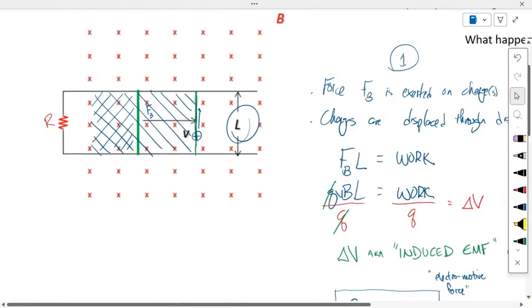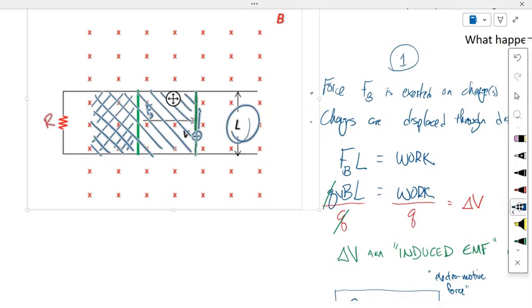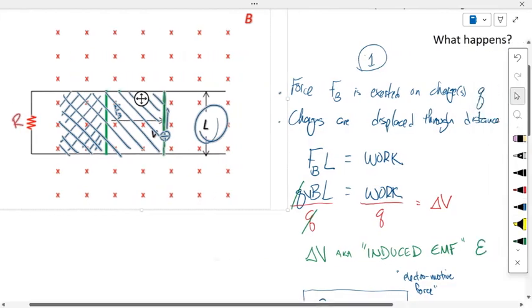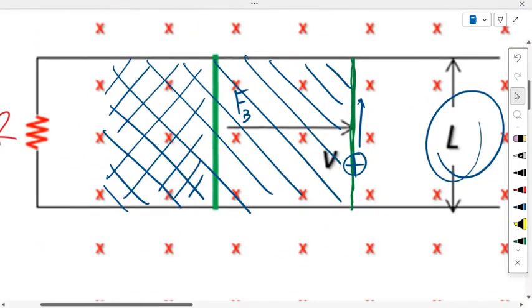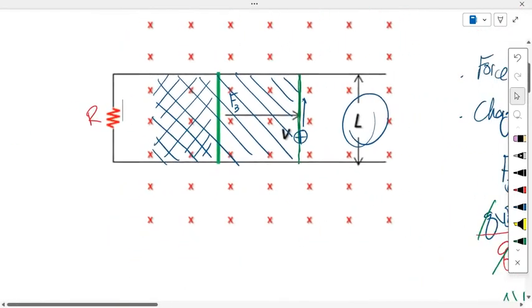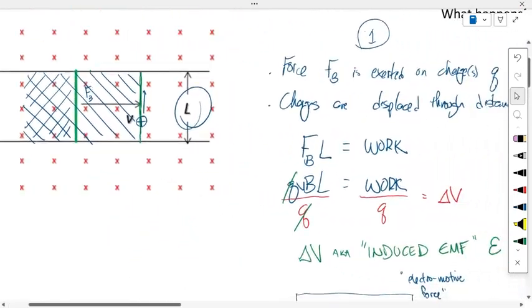Let's define area vectors for these things to be into the page, just like the B is into the page, so the scalar dot product of those B and A vectors just becomes BA. And notice also, guys, that I didn't include this part of the loop because there apparently is no field in that part of the loop. So it's only the part of the loop that actually has some field in it.